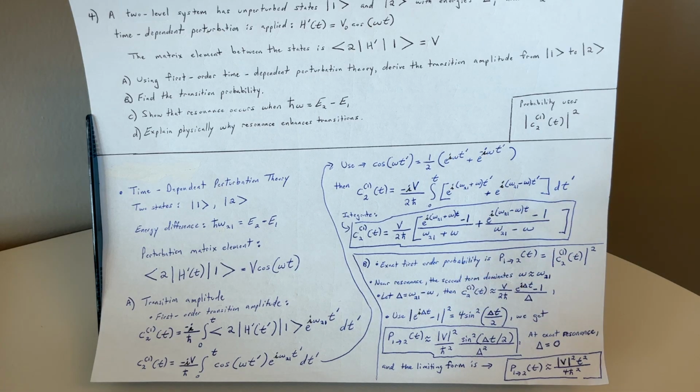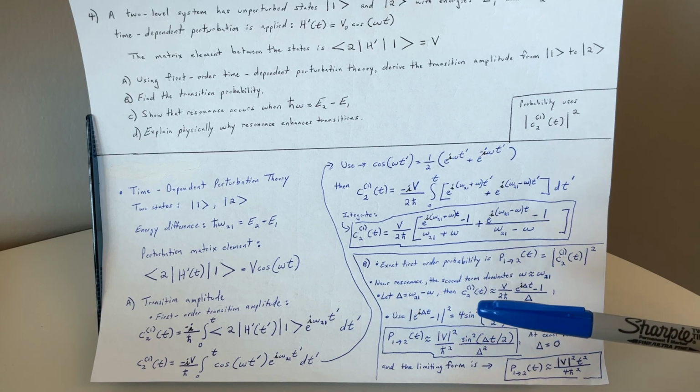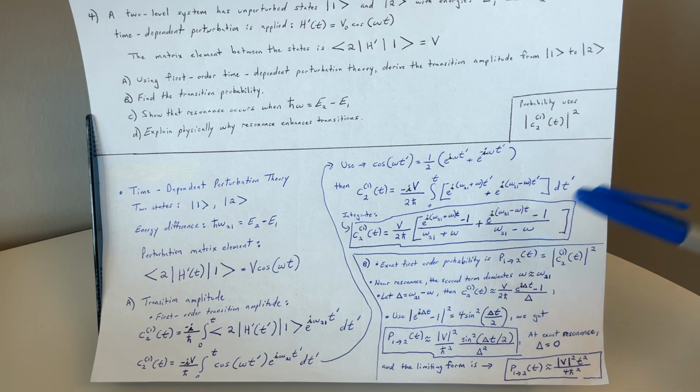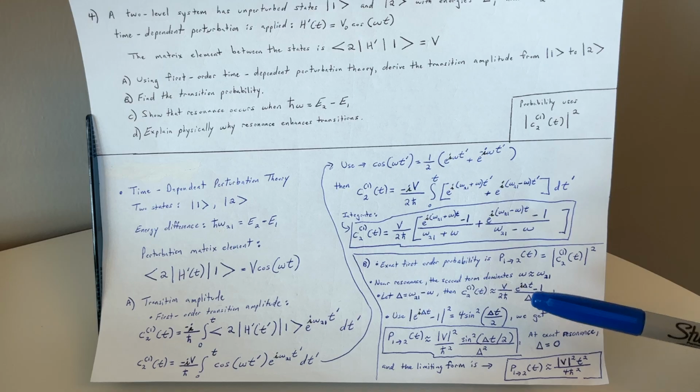So let delta equal W sub 2 1 minus W. Again, I shouldn't say W, but it's easier to say W than omega, but that is omega sub 2 1 minus omega. Then we have our transition probability.